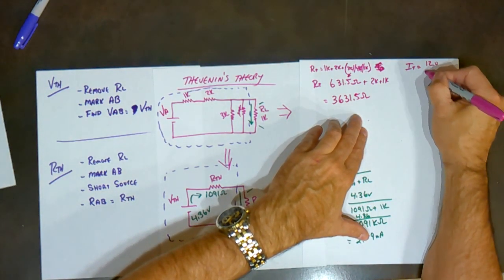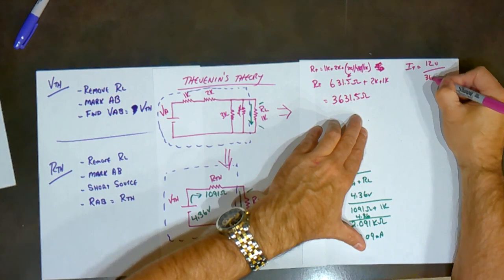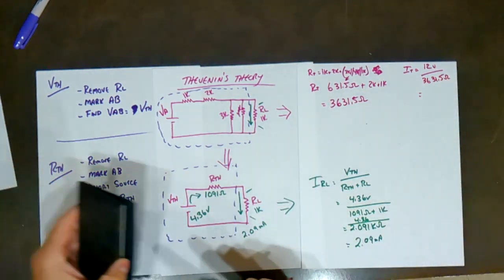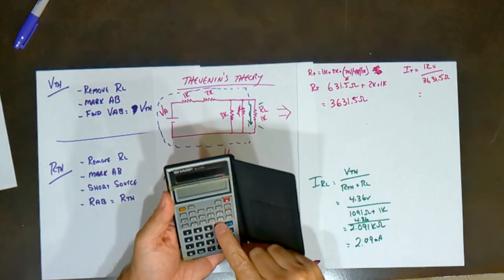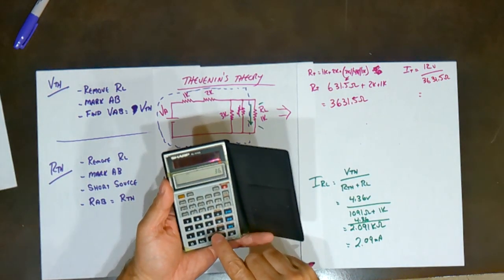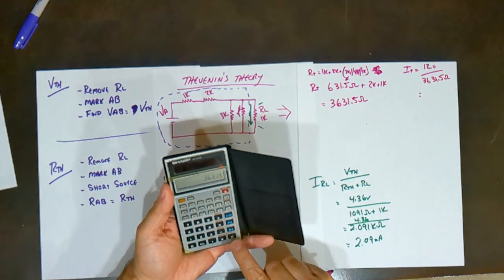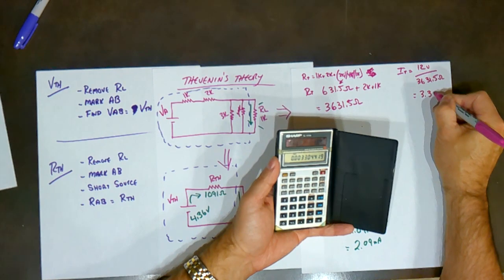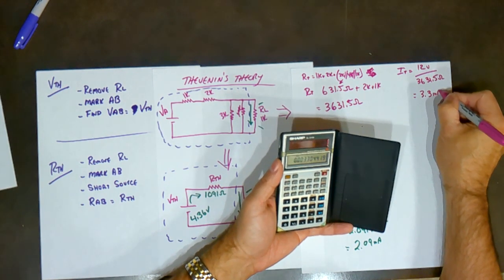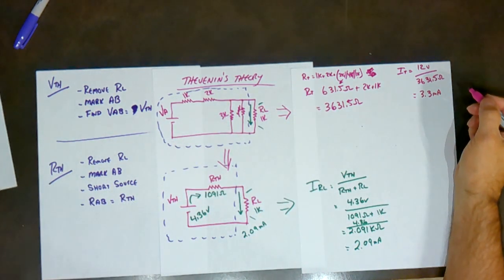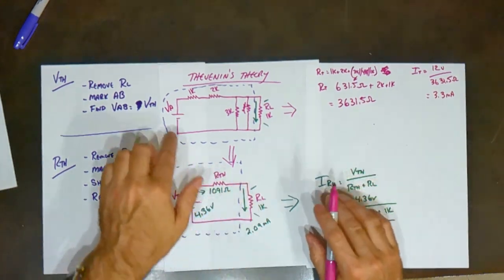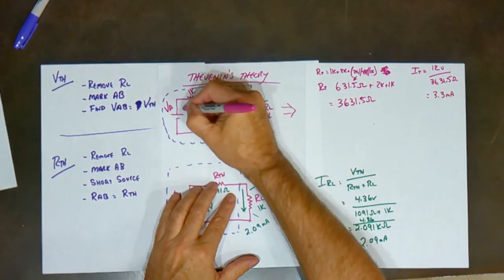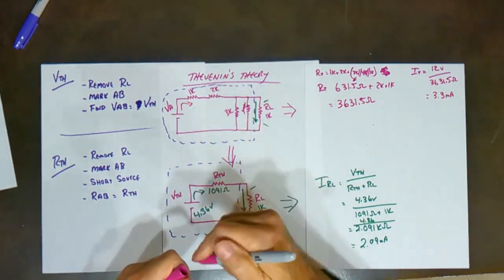So that's 12 volts divided by 3631.5 ohms, which equals 3.3 milliamps. So I total is 3.3 milliamps, so that's what's coming out of there.